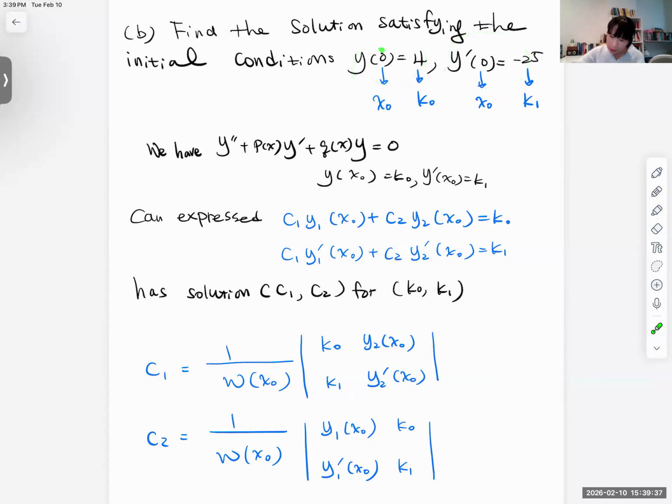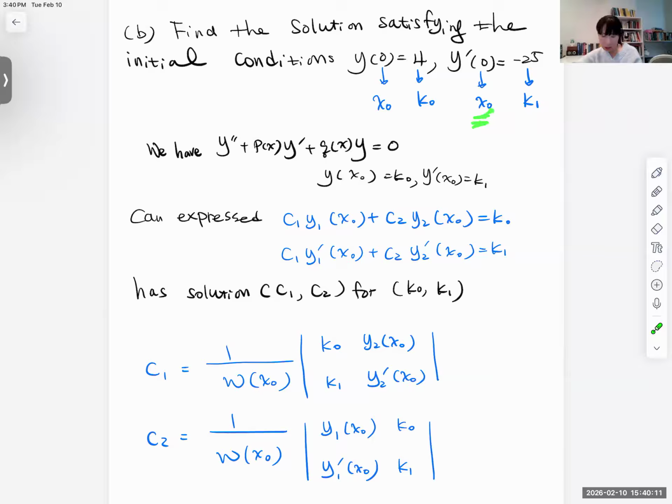Okay, so in that case, this will be x naught and this will be k naught for just the y equation, right? I mean, not solution, initial value, right? And y prime of 0, this one we call, yeah, x sub 1 is better, right?